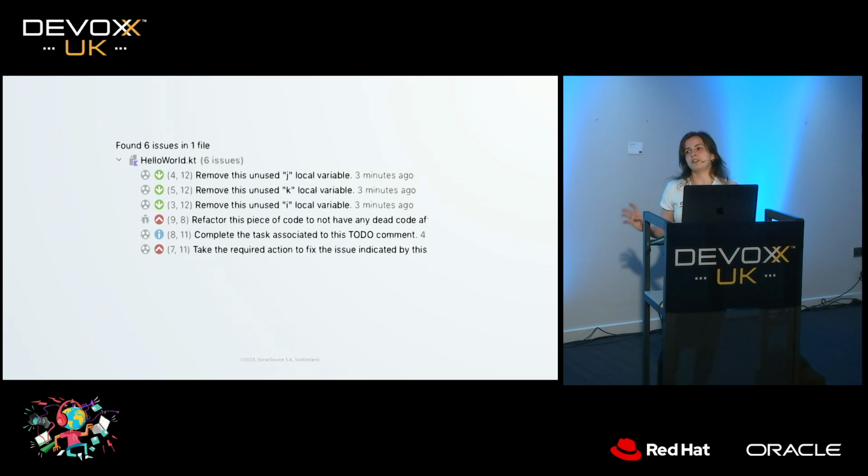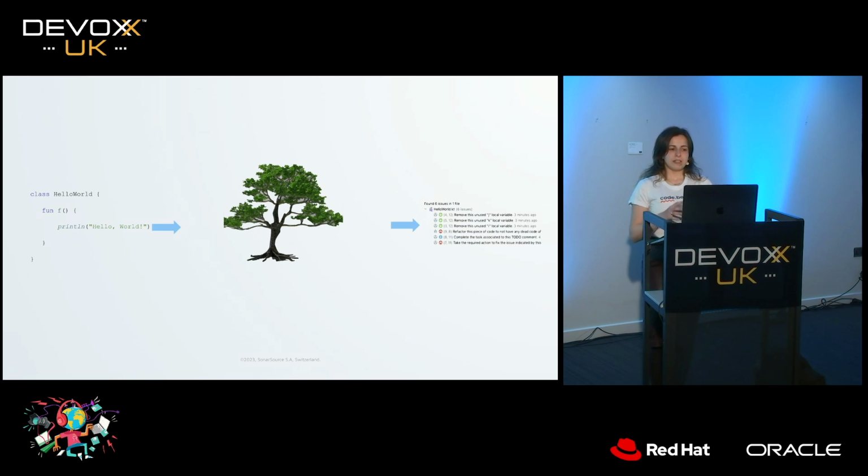We can find a lot of interesting things in the abstract syntax tree and report them to you as an issue. So in a simple way, static analysis looks like this. It takes your source file as an input, transforms it into the tree, and then outputs some issues that we could find.